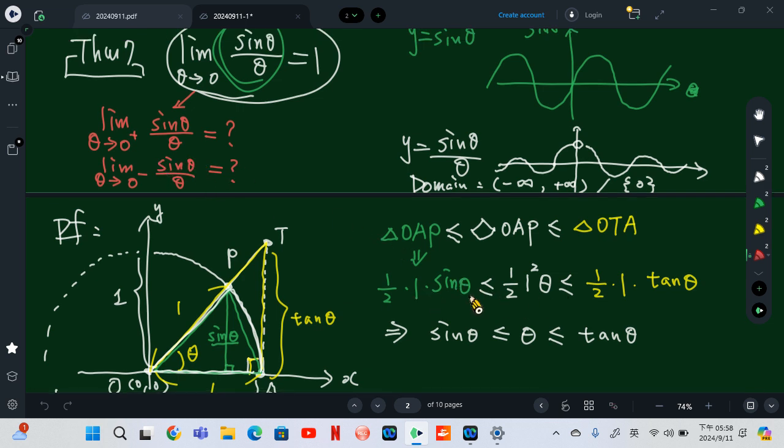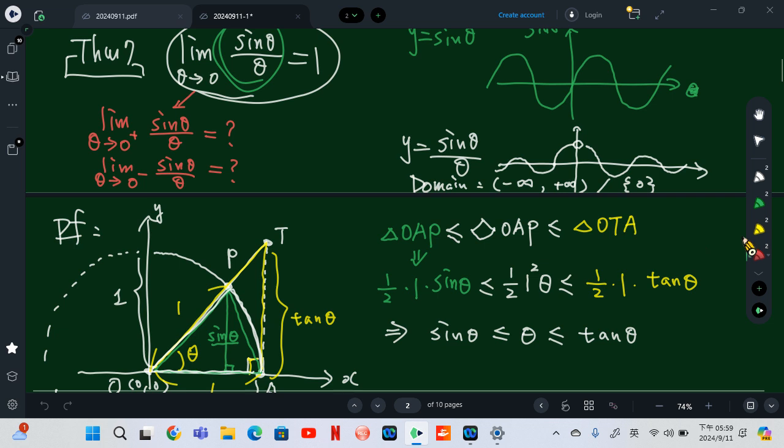But if equal, that means theta should be 0. At this moment, since it's approaching 0 plus, theta will not touch 0. It always touches a number which is a little bit larger than 0.